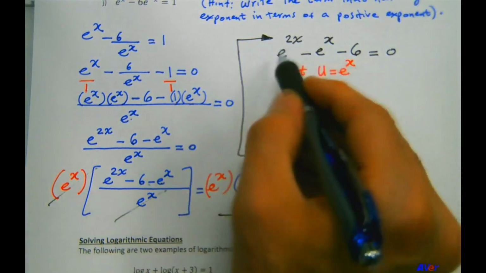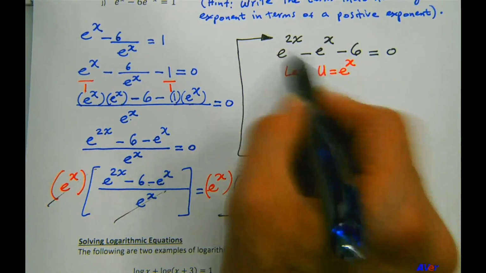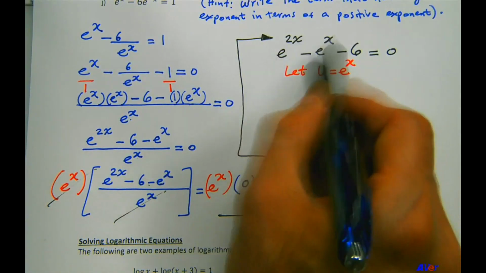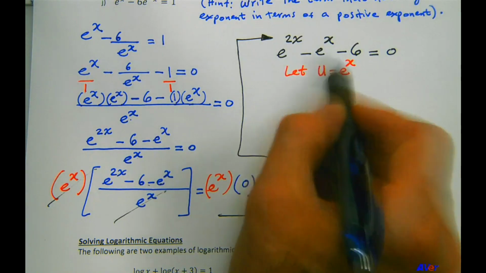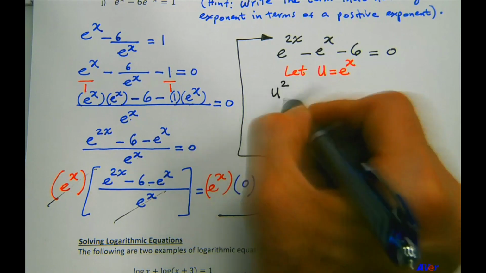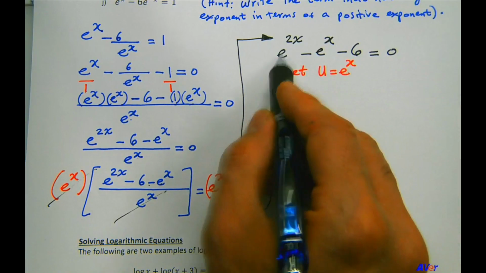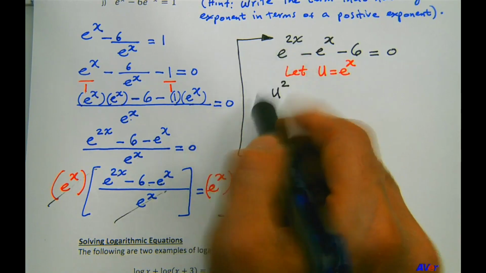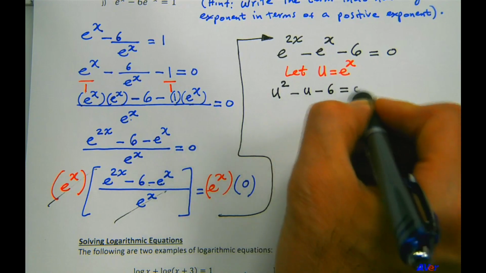Now rewrite this expression with u instead of e to the x. What do we get? We get u squared. If u is equal to e to the x, then u squared is e to the 2x power. Minus u minus 6 equals 0.